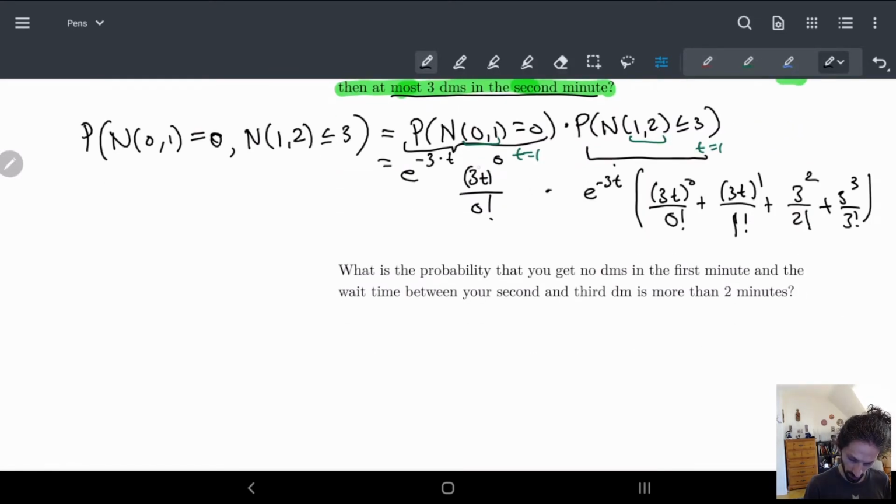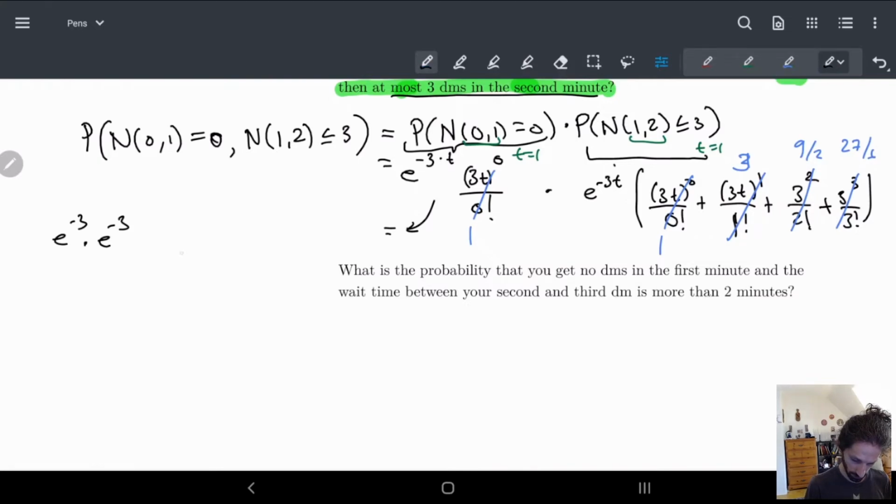So we get e to the minus 3 times e to the minus 3. The first term is 1, the next is 3 over 1, so it's 3, this is 9 over 2, and this is 27 over 6.